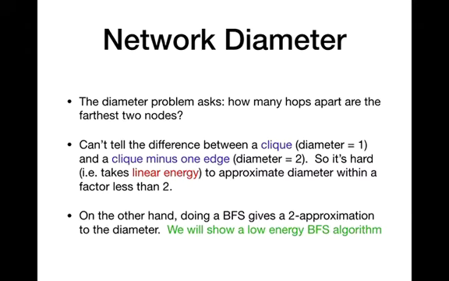But you can't hear from n-1 neighbors using only polylog n energy. So it's hard to approximate diameter within a factor less than 2. And what do I mean by it's hard? I mean it takes linear energy.